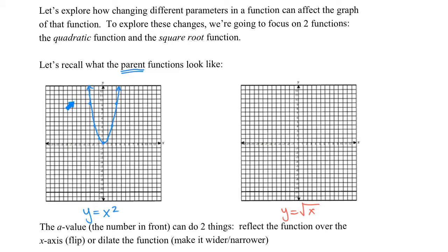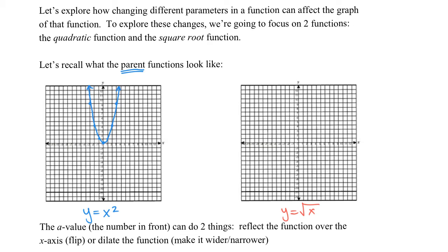You can't see them on this graph, they'd be way up here somewhere, but they're all there. That's not true of the square root function. The negative values don't have any outputs, so they're not part of the domain. The reason why is you can't take the square root of a negative number.